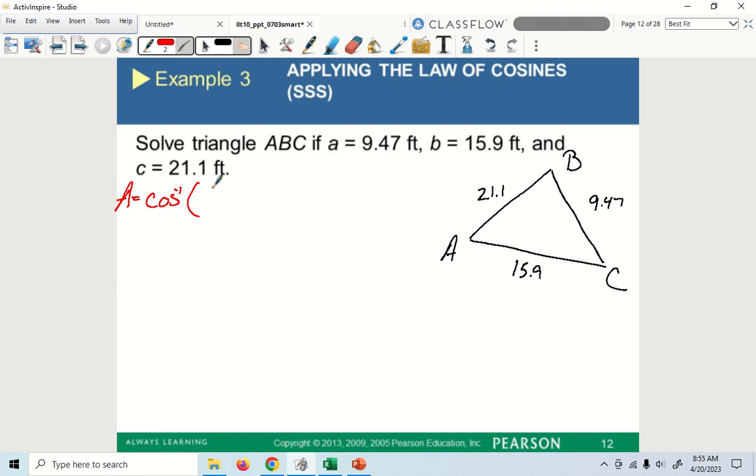And then 9.47 squared minus 15.9 squared minus 21.1 squared, over negative 2 times 15.9 times 21. It's not squared, never mind. There you go. Plug that in for me, please.